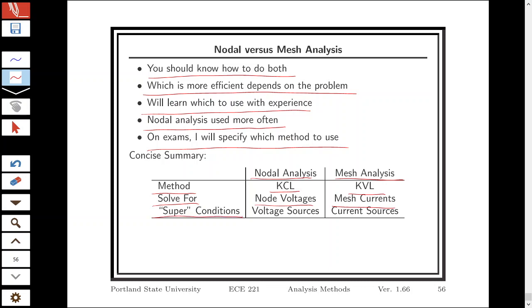And for the super conditions, we have voltage sources that create super meshes, and current sources in mesh analysis may create super meshes. This must be super nodes. Okay.